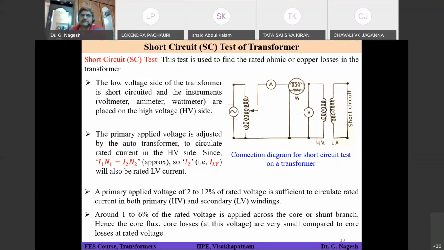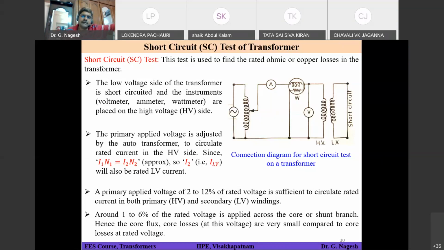These correspond to 50% of the copper losses. You can send less than the rated current also, but you have to specifically say that the losses when I am sending this much current are not full load copper losses. They are this much percentage of the full load copper losses. But you have to generally give me the rated copper losses only.